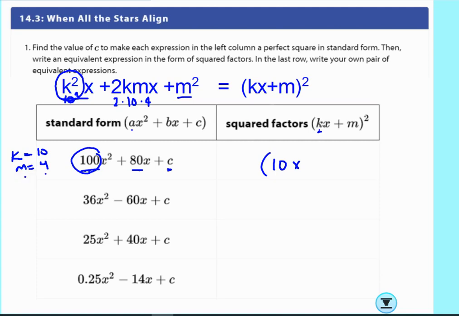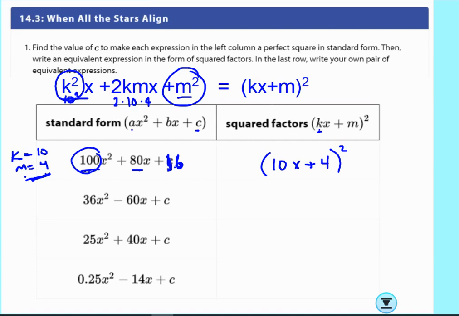All right, so if m is 4, then to get the c value, I need to take m and square it. So 4 squared is 16. So to complete this square, I would need that to be a 16. Okay, so here, m is 4, so I'm going to say plus 4. Now, this is definitely my first one.